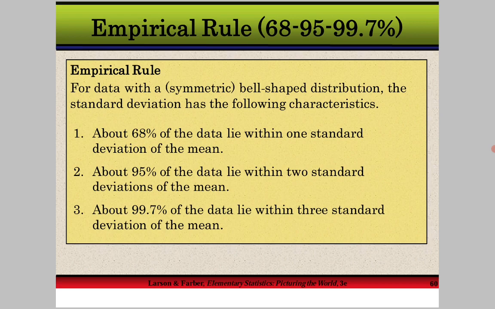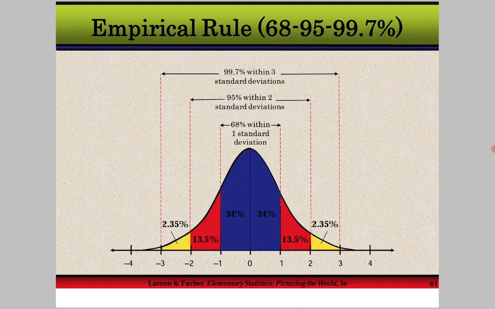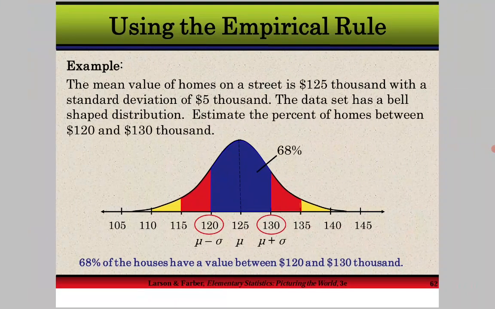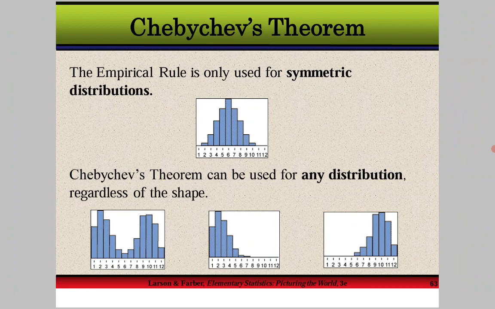About 95% of the data lie within two standard deviations of the mean. About 99.7% of the data lie within three standard deviations of the mean. So this is the chart. We may continue with the next class.